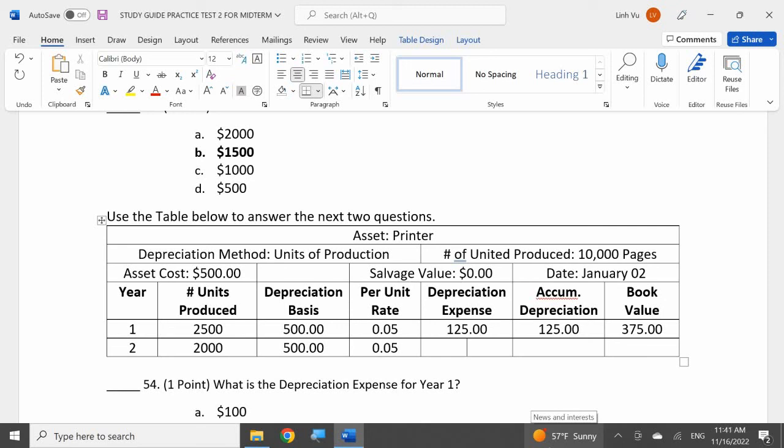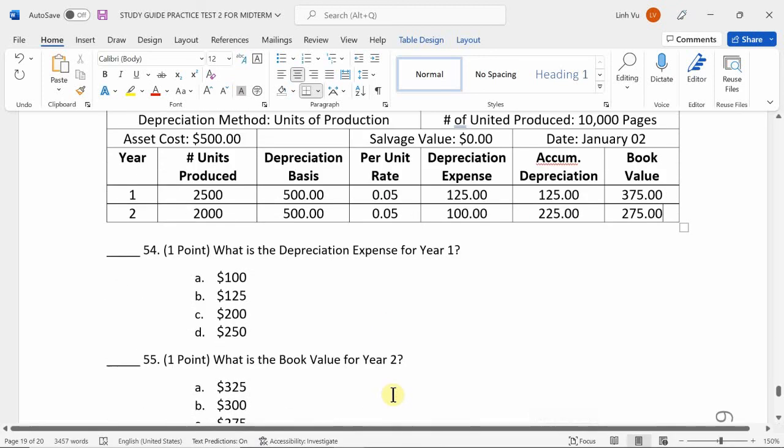This time, for year 2, we only printed out 2,000 pages, so you should have a total of $100 that you depreciate. And you're going to count the previous one from last year, so you're going to have $225. So therefore, you're going to have $275 as your book value for year 2.